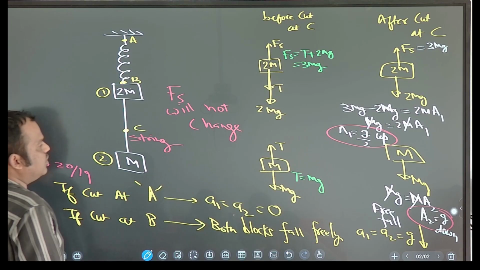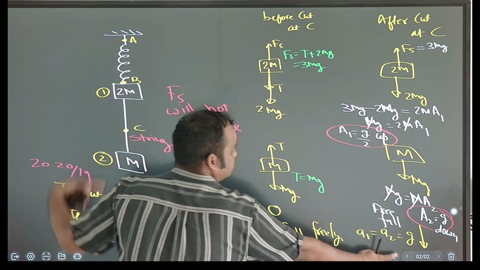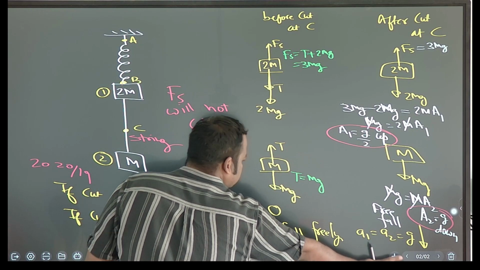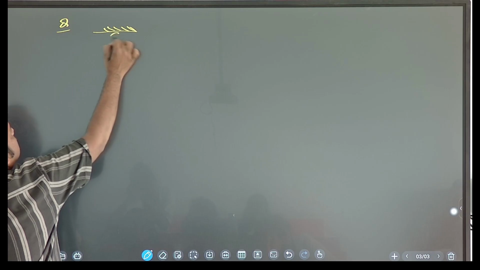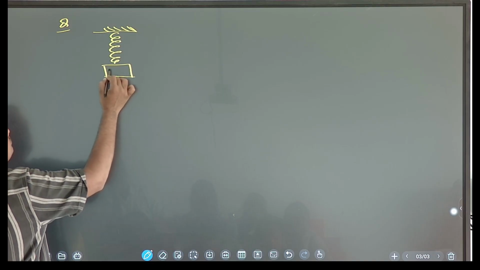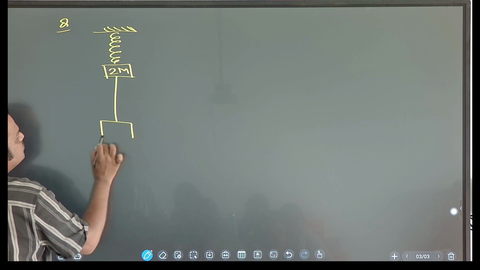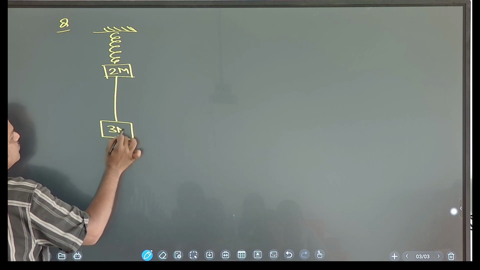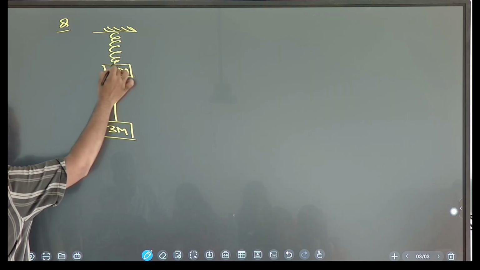So now I will give the question, next question I will change the values. So you answer. Okay, so note down. Spring is here, this block 2m, and string is here, this block 3m.